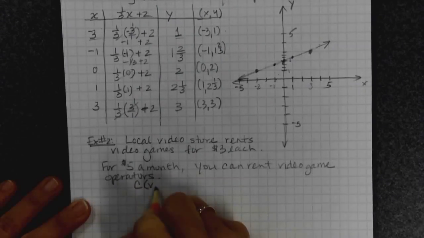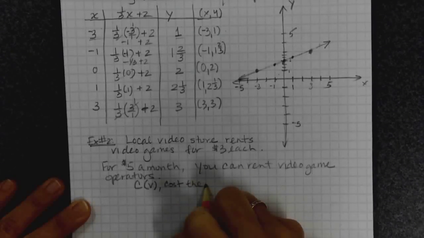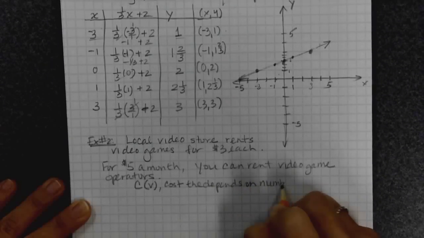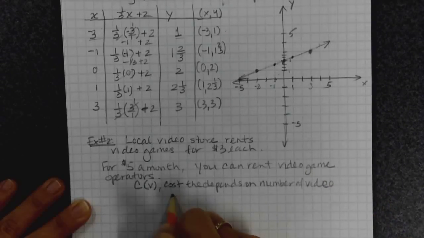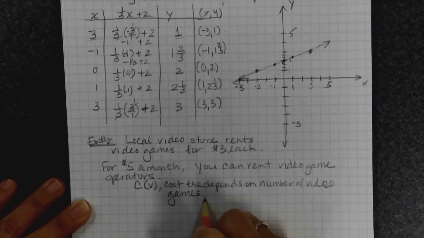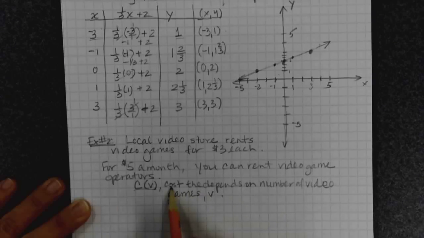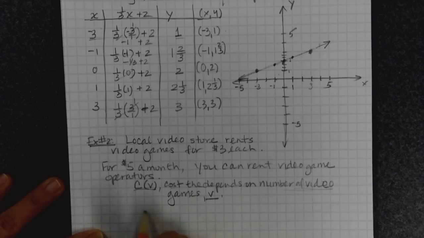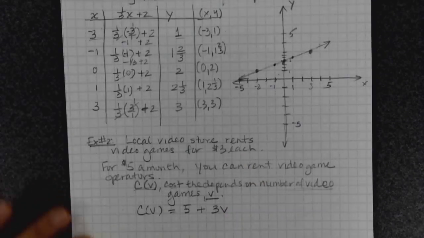So the cost, which is C of V, is a cost that depends on the number of video games, which is V. So cost, which depends on number of video games, V, is given by the function rule C of V equals, now remember, it's $5 a month plus $3 per video game.